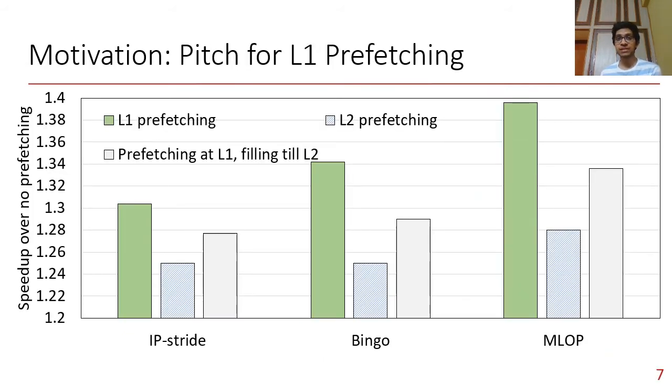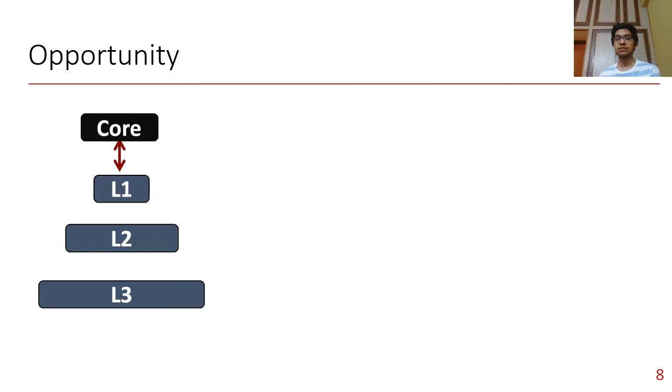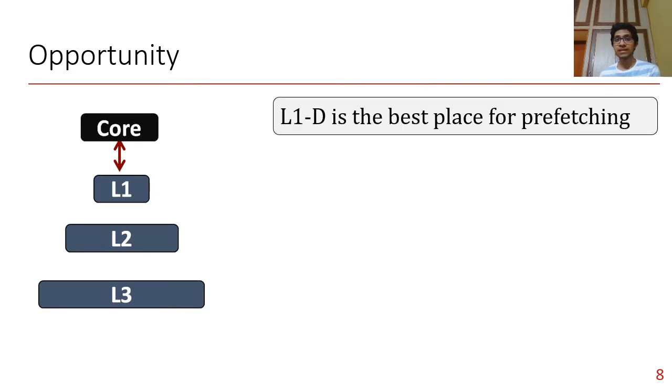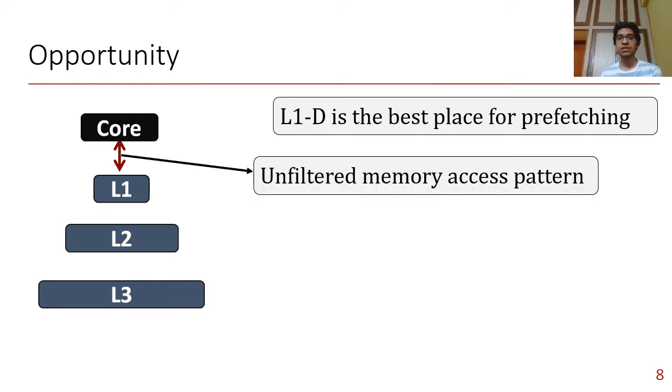We tested out various prefetchers at different cache levels to observe the difference in performance. In all these cases, prefetching and filling at the L1 was found to be more beneficial than prefetching at the L2 or filling till the L2. Why is the L1D the best place for prefetching? The prefetcher has access to an unfiltered memory access pattern.